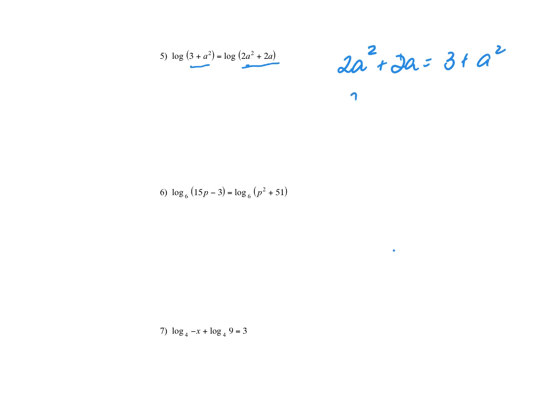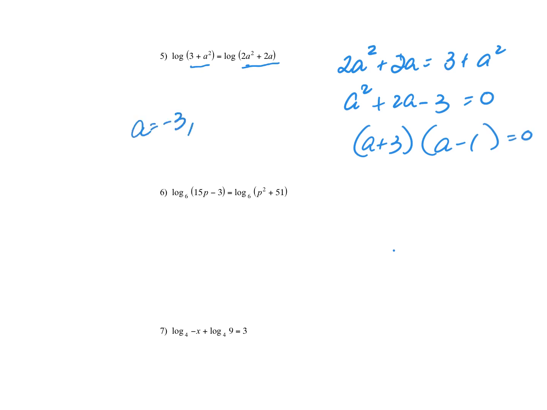So you're going to have a squared when you subtract a squared from both sides, plus 2a minus 3 equals 0. And what times what is -3, and added together is 2. That would be a plus 3, a minus 1 equals 0. So when you make each of those equal to 0, you get a equals -3 and a equals 1.